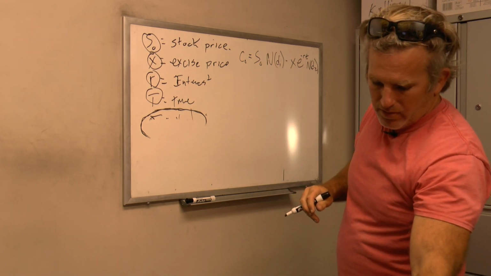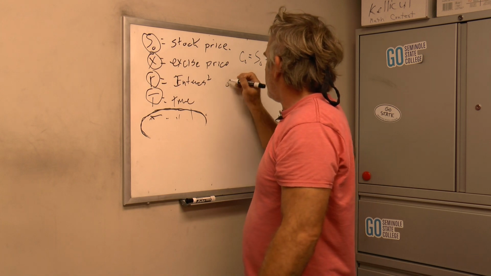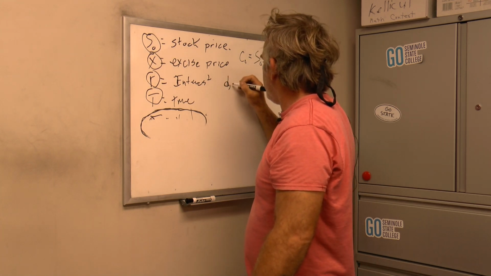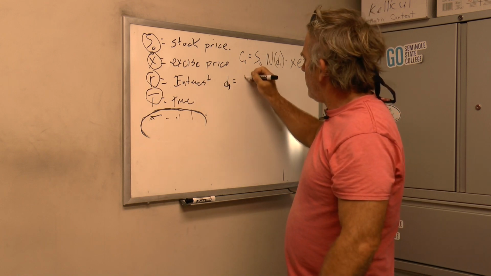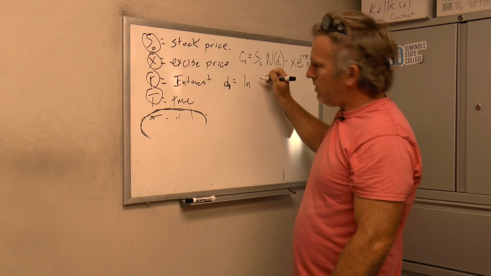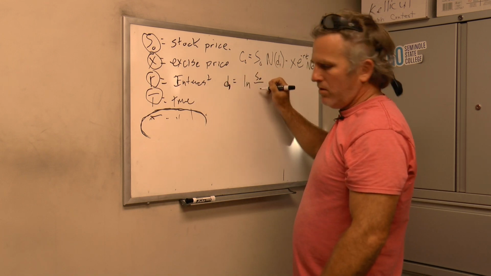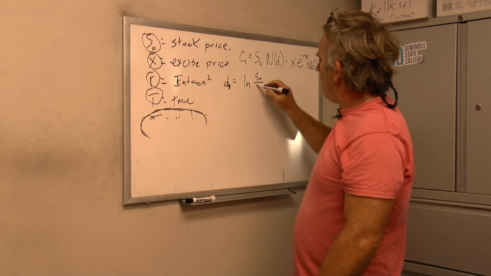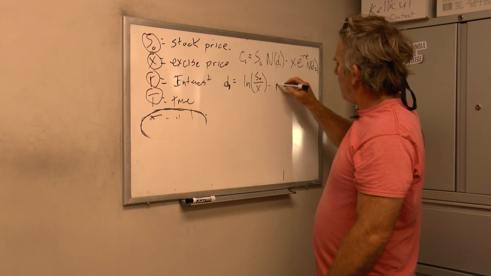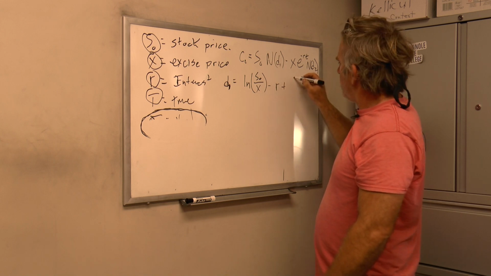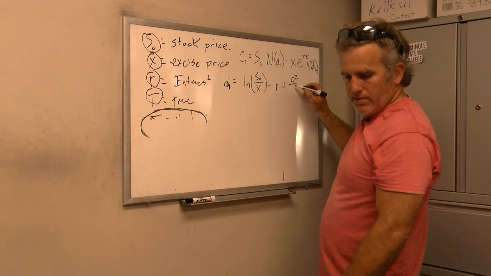So now we look at D1. What does D1 look like? Because this is where all these volatility assumptions come in. It's the natural log of the stock over the exercise price, minus R plus, that's the variance, right?